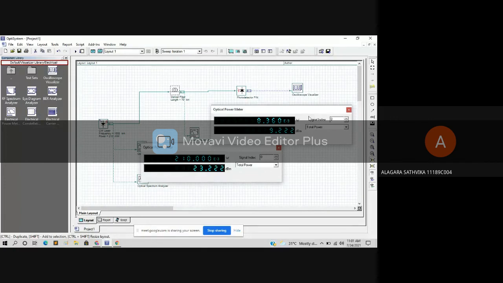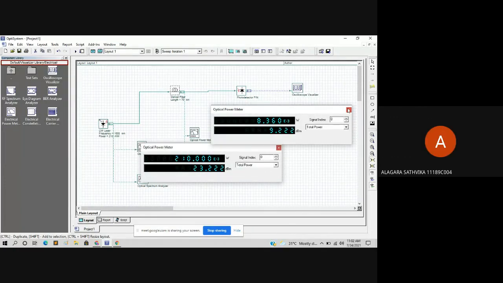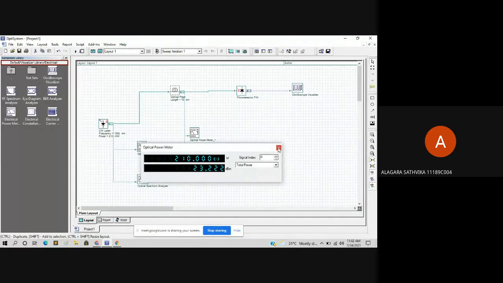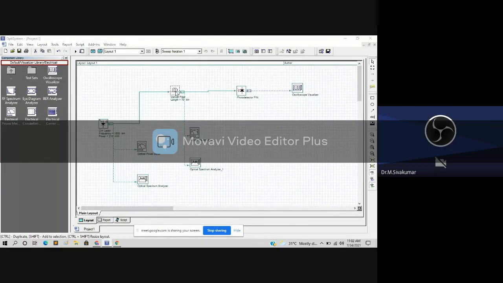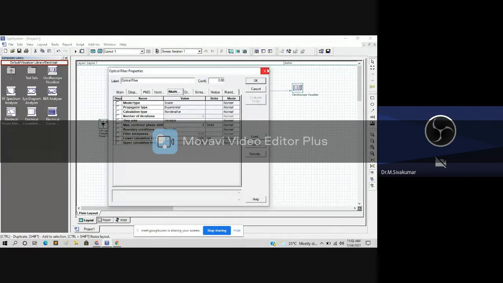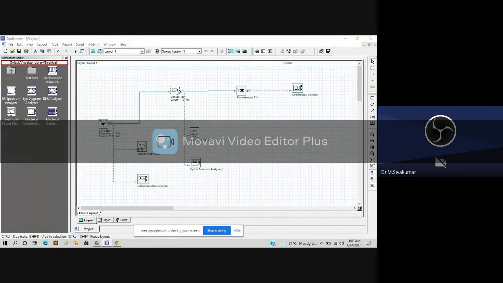Sir, for me also the same values came, sir. All are getting the same value only. You need to show the screen because the fiber is the same, many things are the same.